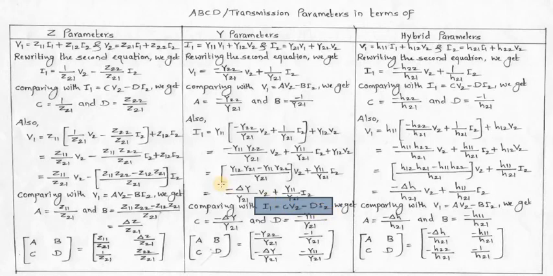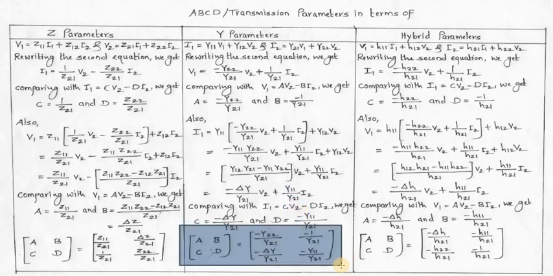So if we compare these two equations, C must be equal to minus delta Y upon Y21, D must be equal to minus Y11 upon Y21. So ultimately the matrix ABCD is equal to a matrix of quantities in terms of Y parameters.